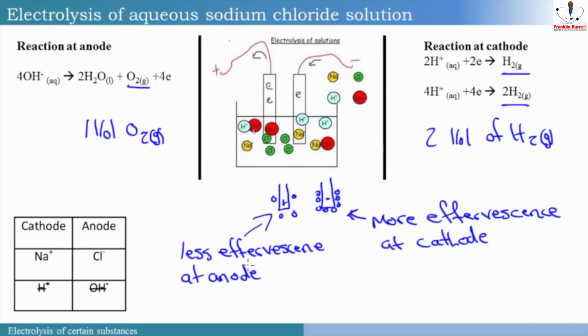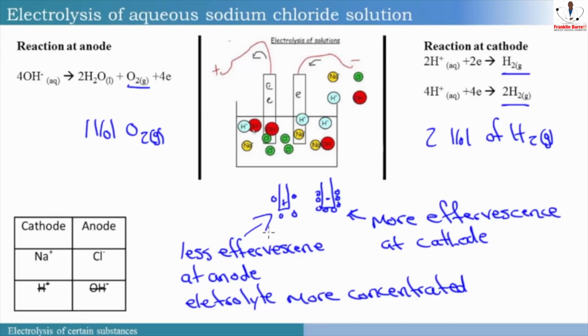So our electrolyte is now more concentrated because we removed water. So we see now the difference between carrying out the electrolysis of concentrated sodium chloride and aqueous sodium chloride, that the reactions at the anode and the cathode are different, and our observations are a bit different.